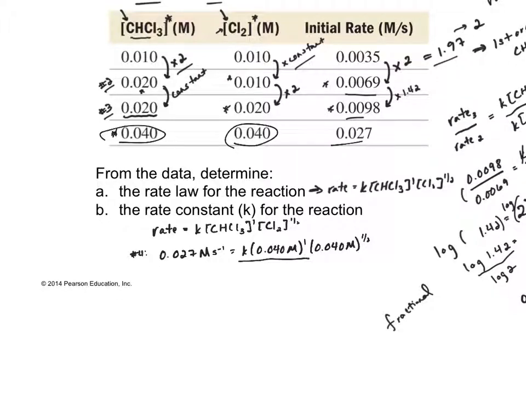So now I'm going to divide both sides by my numbers to isolate k. And 0.04, raising something to the 1/2 power is like taking the square root. So this ends up being 0.20, and then I have a molar to the 1/2. Okay, so I'm dividing both sides by that, 0.040 molar and 0.20 molar to the 1/2.